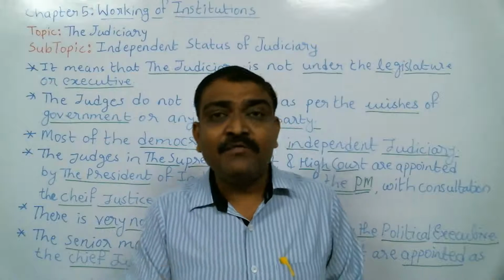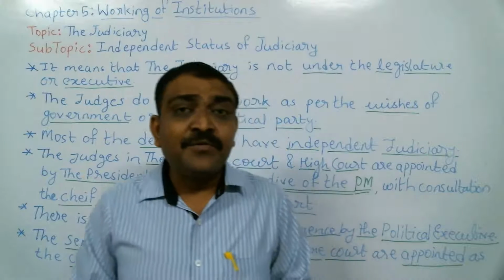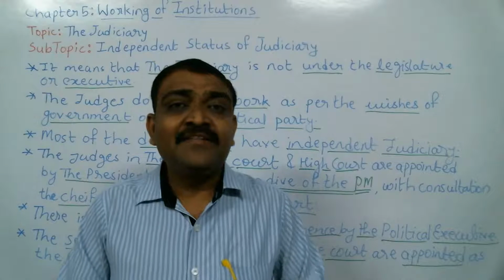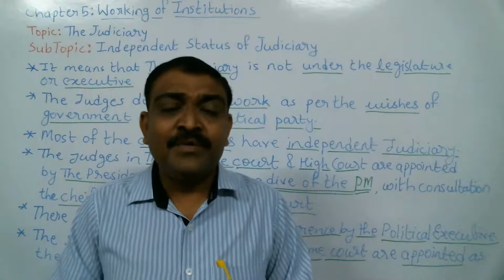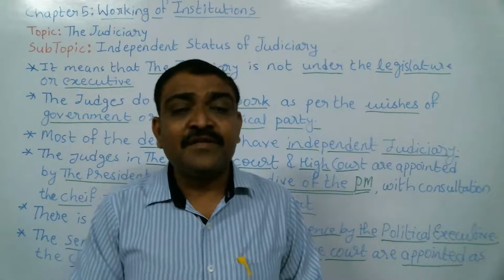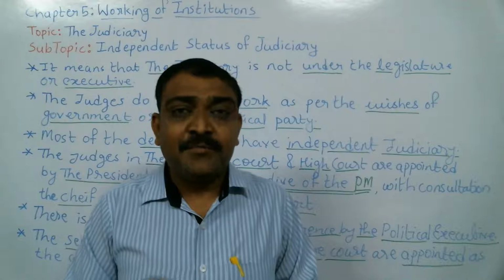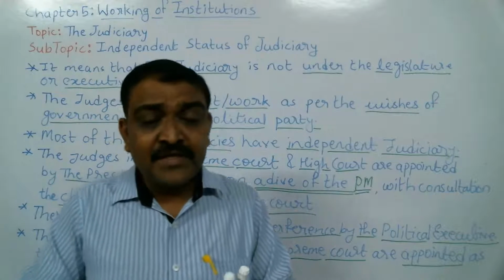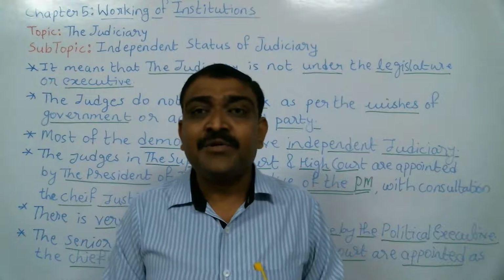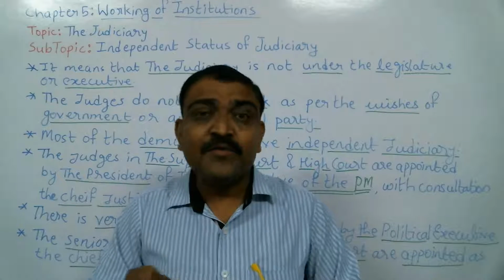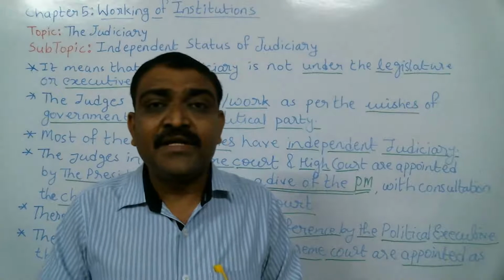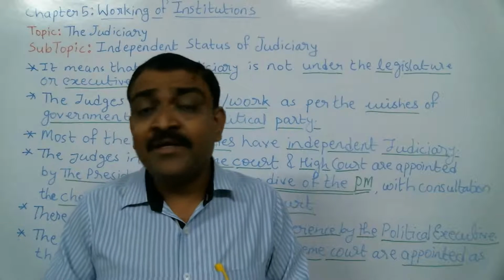So the entire procedure of the appointment or the recruitment of the judges is so tough that there is very nominal scope for the political executive to influence the procedure of the judiciary. जो अपॉइंटमेंट की प्रोसीजर है वो इतनी टफ है, इस तरीके से बनाई गई है कि पॉलिटिकल एग्जीक्यूटिव के पास में जुडिशरी को इन्फ्लुएंस करने का, अपने कंट्रोल में करने का, अपने हिसाब से काम करवाने का गवर्नमेंट के पास पॉलिटिकल एग्जीक्यूटिव के पास स्कोप नहीं के बराबर है.